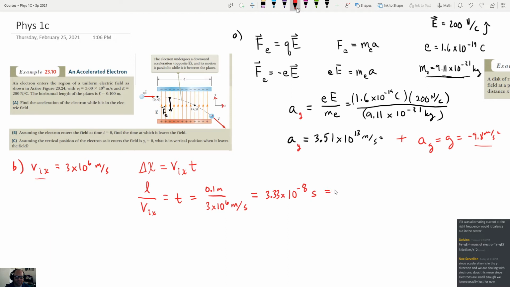Okay, that's the time. All right, and then the next thing we want to figure out for part C, assuming the vertical position of the electron as it enters the field is 0, what is its vertical position when it leaves? What should we do to calculate that?